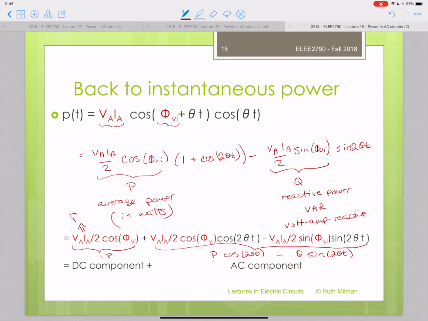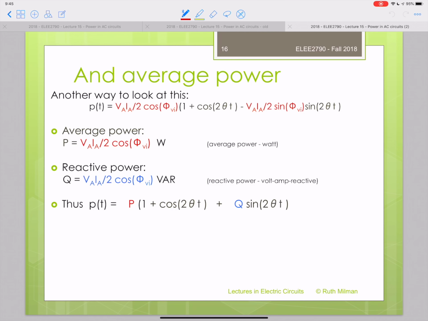So again, you have P over here, you have P over here, and you have Q over here, and that gets us to a breakdown of our instantaneous power. Now, the only reason we want to do that is because we want to consider the average power ultimately. So when we take a look at this, we have our P term up here, our Q term over here. We realize that P is our average power, Q is our reactive power. Our total instantaneous power can be broken down in this way.